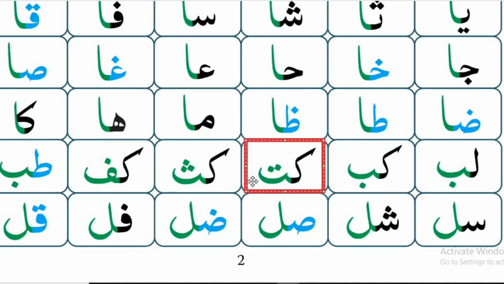Kaf, ta. Kaf, tha. Kaf, fa. Twa, ba. Sin, lam. Sheen, lam. Swad, lam. Dad, lam. Fa, lam. Qaf, lam.